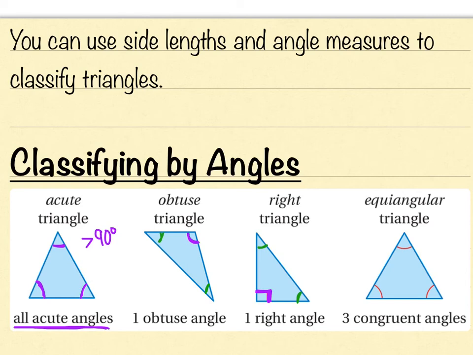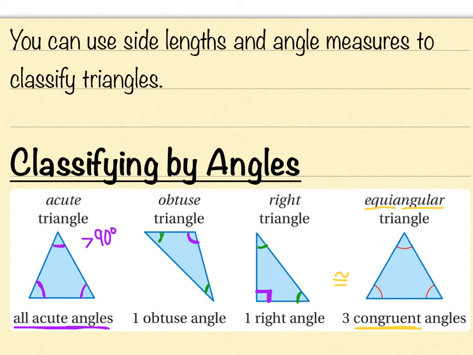Now, if your acute triangle happens to be a triangle in which all three angles aren't just acute, but all three angles are congruent, which we know congruent means equal measure, they're the exact same, then we call it an equiangular triangle. You can see that the word equi means equal, and then angles.